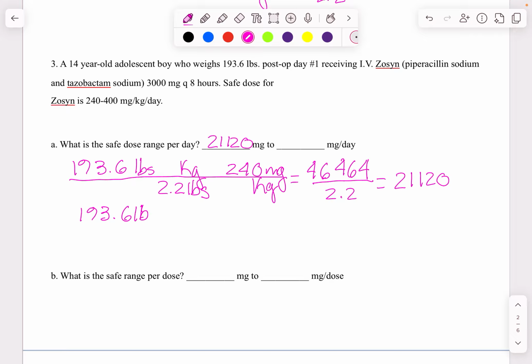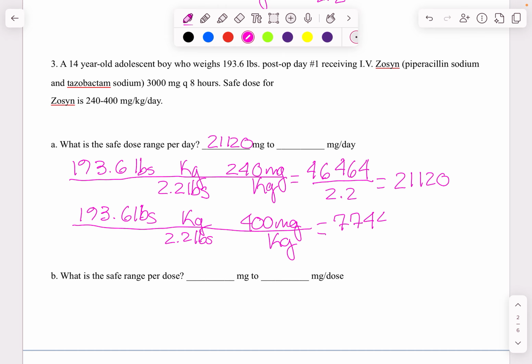Oops, there we go. 2.2 pounds per kilogram, 400 milligrams per kilogram. Gives us 77,440 divided by 2.2. And that is 35,200.